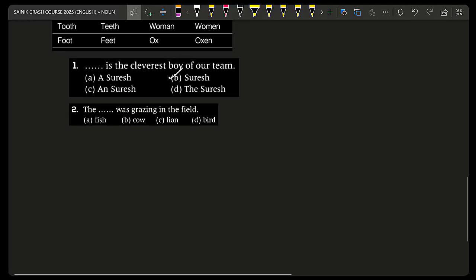No student gave option A, but C and D are still wrong answers: 2 votes for option C and 1 vote for option D. But the majority of the class gave the correct answer, the cow. Who is grazing in the field? Cow. Fish is not the answer. Lion will not take grass, and bird no. So it's cow, option B.